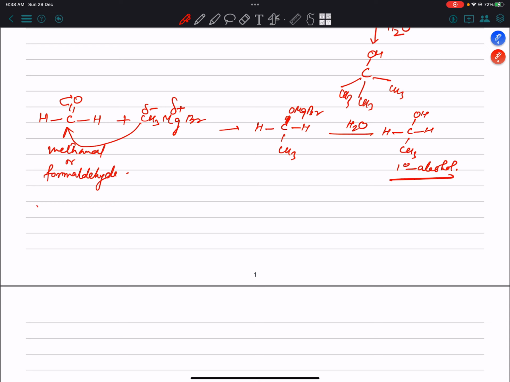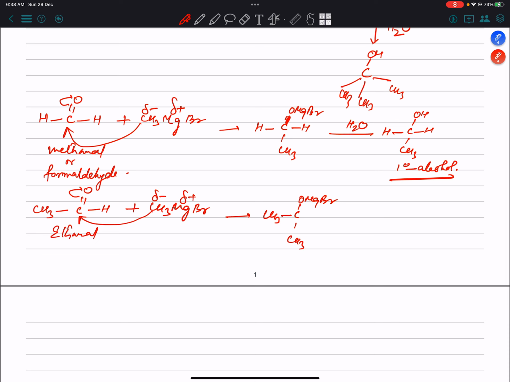Now we will do the reaction of Grignard reagent with an aldehyde other than methanal. So I have taken here ethanal, and Grignard reagent is CH3MgBr. So del plus, del minus, again this will shift and it comes here, CH3CH(OMgBr)CH3.